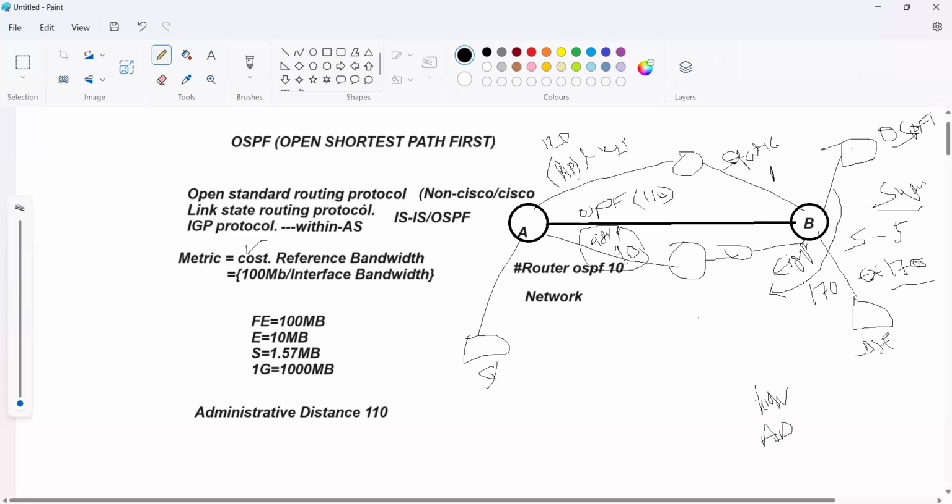If the AD value also matches, say you configure only OSPF on every path, the AD value is 110 for all of them. So the AD value matches, then it will move to the metric. Whichever has the least metric will be elected as the best path.